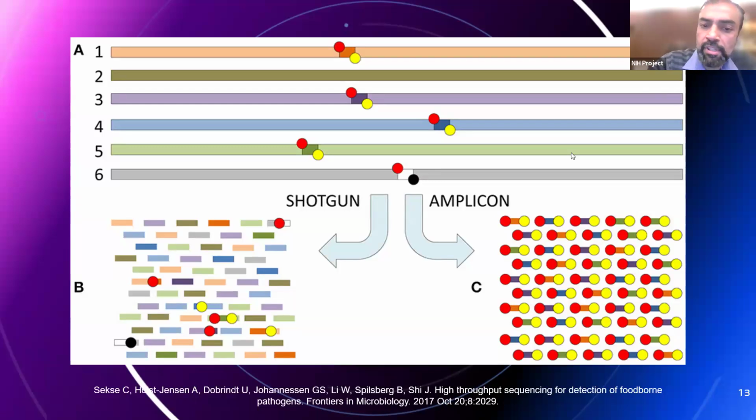In amplicon sequencing, particular areas of interest are sequenced again and again to analyze what is happening in that area of the genome. Whereas shotgun sequencing relates to all the sequences of all the bacteria present in the wastewater. So we are going with both shotgun and amplicon sequencing of the wastewater.